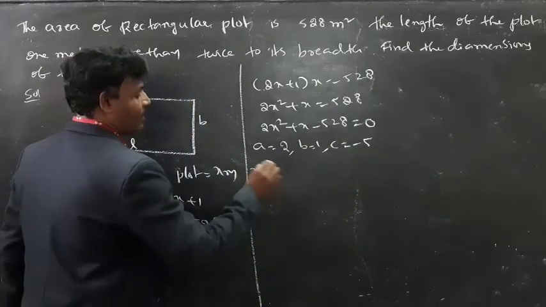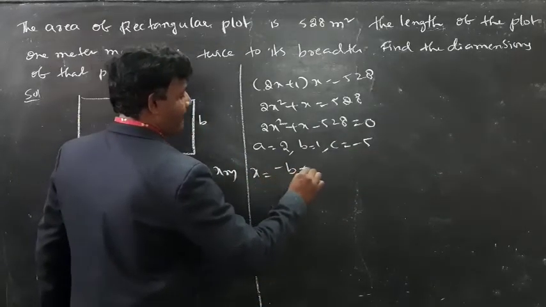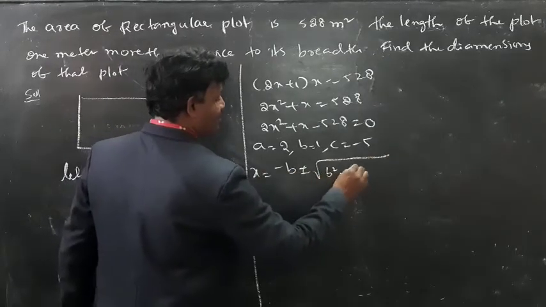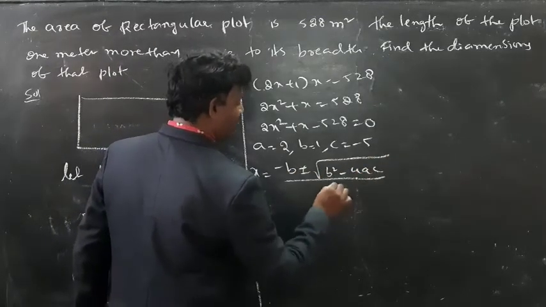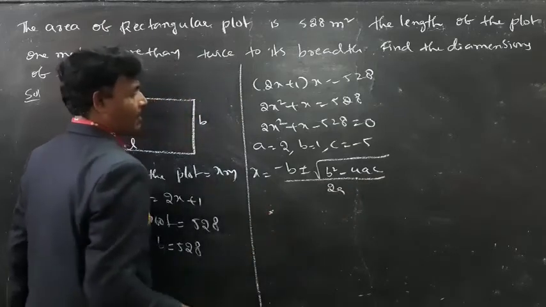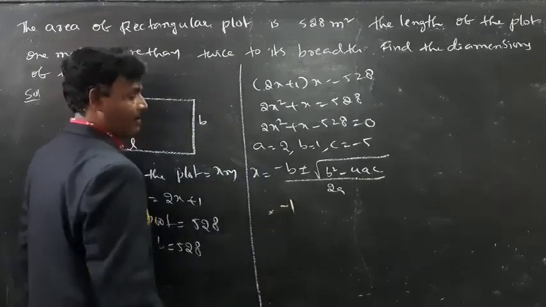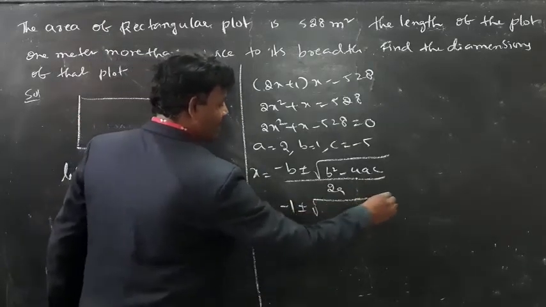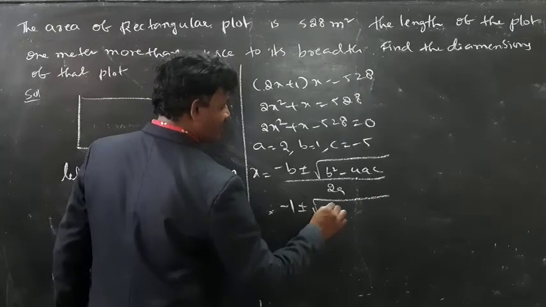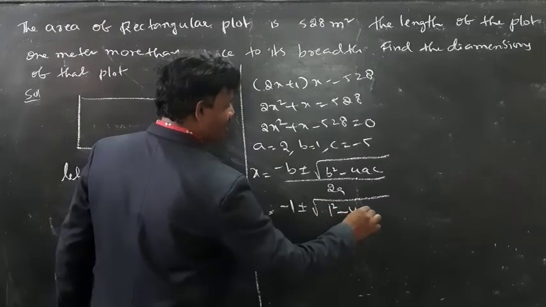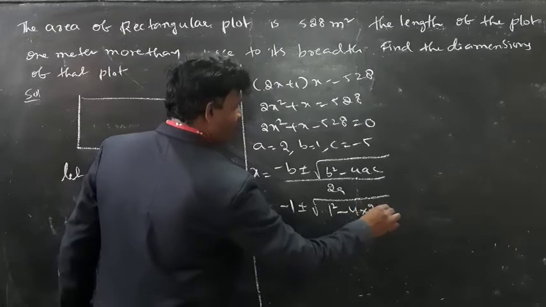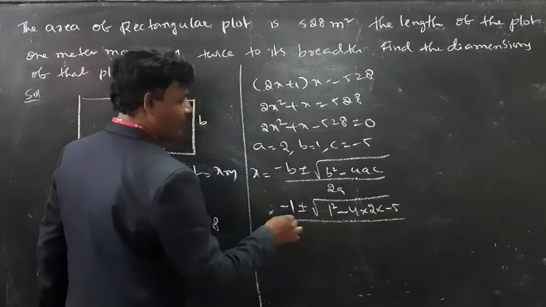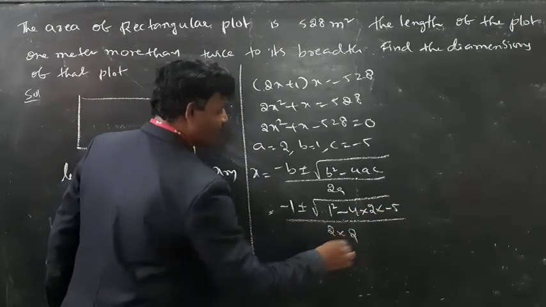As per the quadratic formula, x is equal to minus b plus or minus root of b squared minus 4ac, all by 2a. Minus 1 plus or minus the square root of 1 squared minus 4 into 2 into minus 528, by 2 into 2.